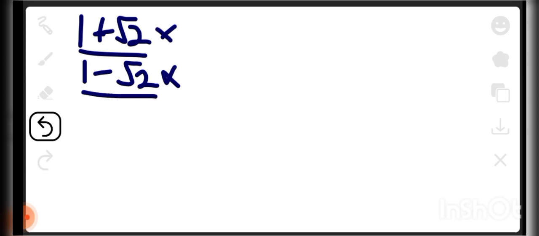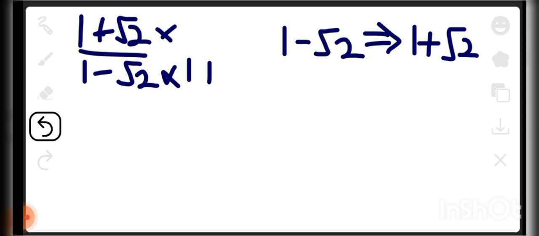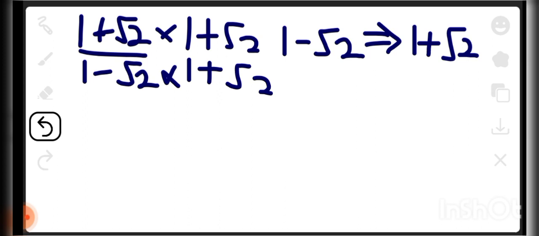The conjugate of the denominator. So what is the conjugate of 1 minus root 2? The conjugate will be what? 1 plus root 2. So just multiply this one by 1 plus root 2. Multiply this one with what? 1 plus root 2. That's all.